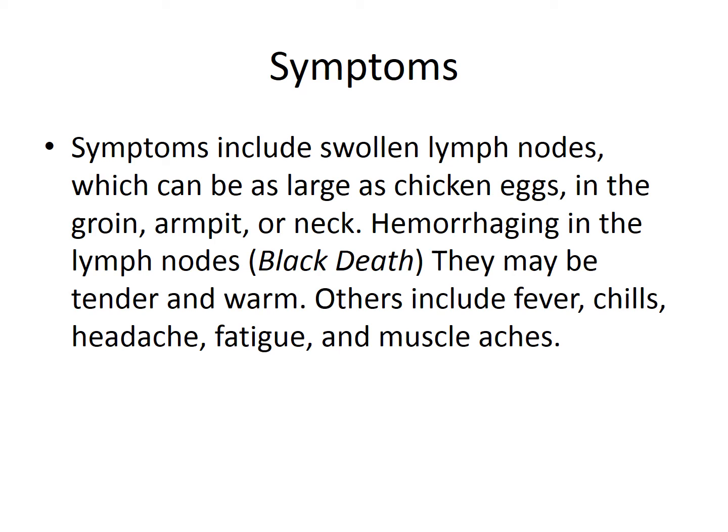So the symptoms will include swollen lymph nodes, which can become huge, as big as, they describe them as, chicken eggs. And they can have them in their neck, their armpits, their groin. That's where the most prominent lymph nodes are.